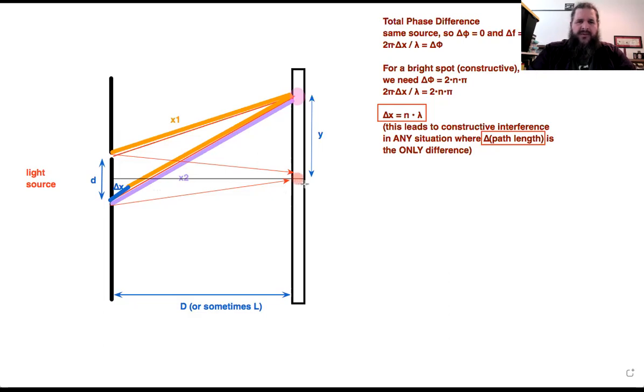So this is a bright spot called the central maximum. Everything else we're going to be measuring from there. So we're going to be measuring y values as a height above or below that point. Anything above that point would be a positive y value, anything below would be a negative y value.